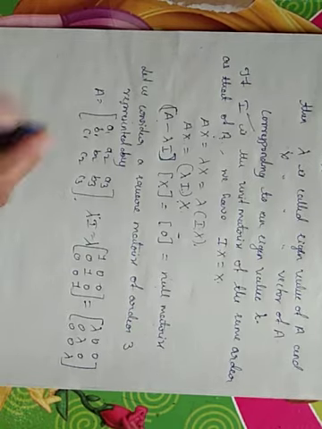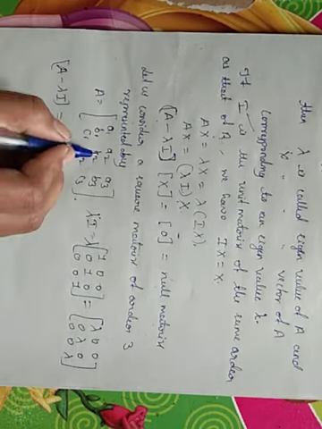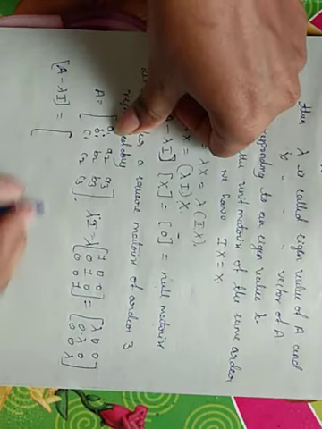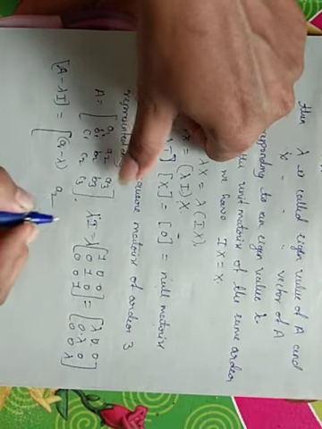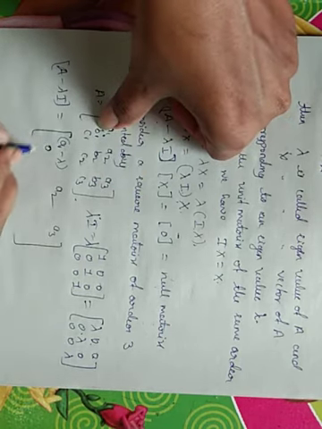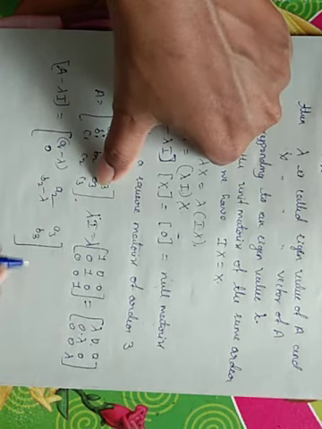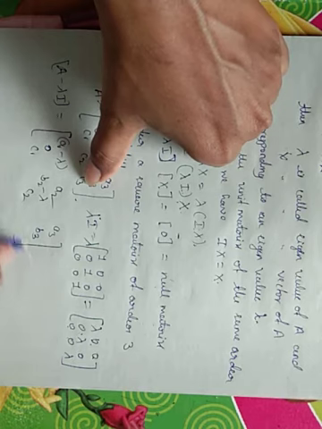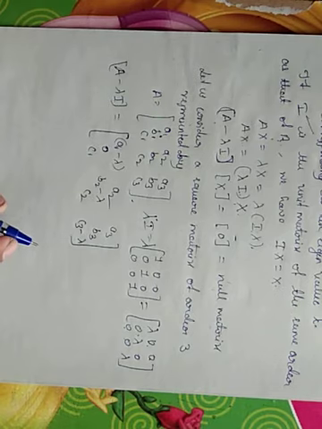Now A minus lambda into I becomes A1 minus lambda, A2 minus 0, A3 minus 0; B1 minus 0, B2 minus lambda, B3 minus 0; C1 minus 0, C2 minus 0, C3 minus lambda. So that is A minus lambda I.